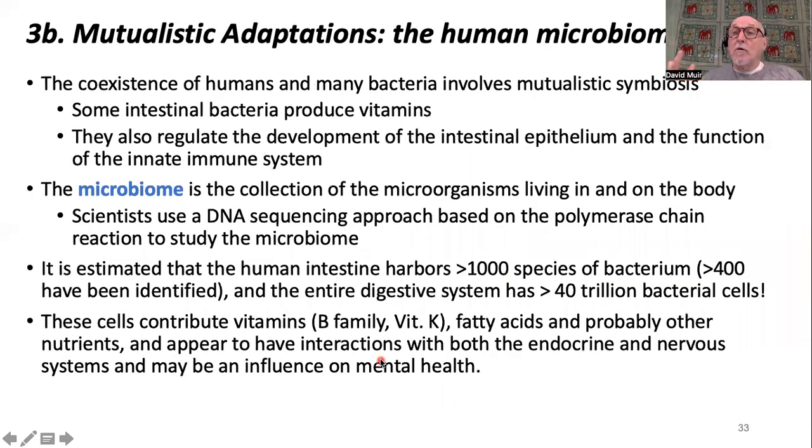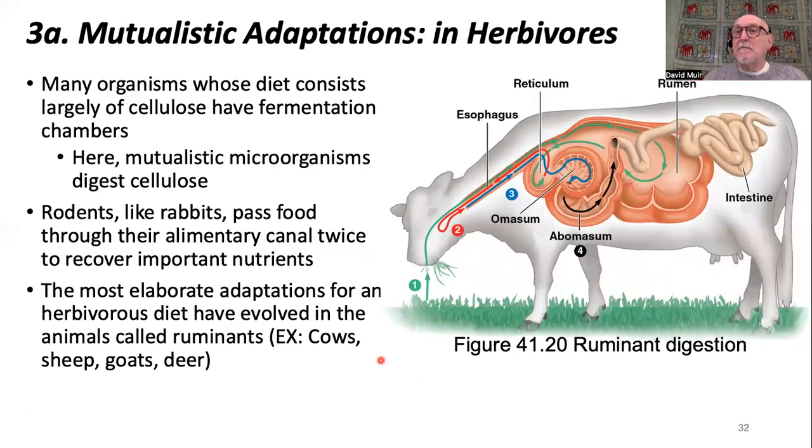Now, not all herbivores have that same ruminant system, but almost all of the herbivores have some association with microorganisms to do their digestion. And horses, for example, have a very, very long large intestine in which they maintain the collections of microorganisms that do the digestion.